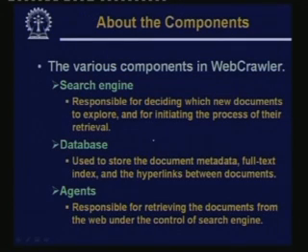The various components of the web crawler are as follows. Firstly, we have a search engine. The search engine is some kind of a front end or the interface to the user. It will be responsible for deciding which new document to explore and for initiating the process of retrieval.